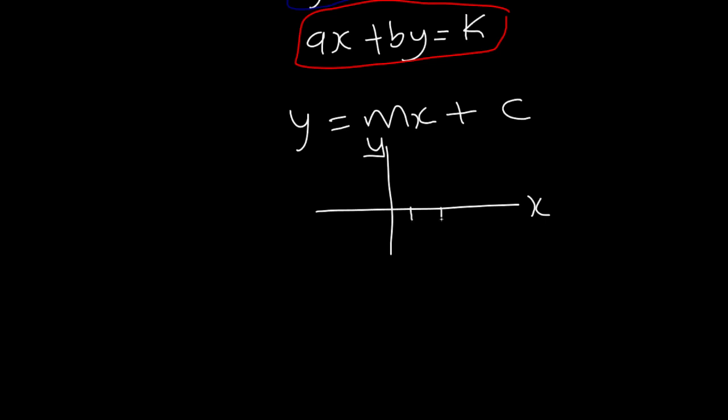So the positive x-axis, right, this is the positive side of the x-axis, and we have the negative side, right? So this side is considered negative and this side is considered positive, right? So above here we have the positive y-axis.